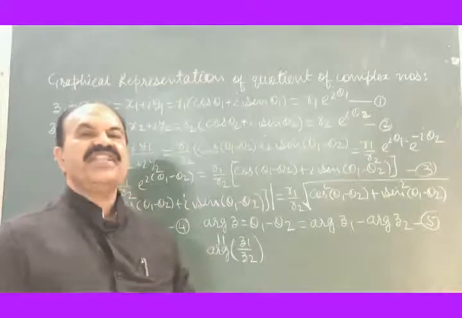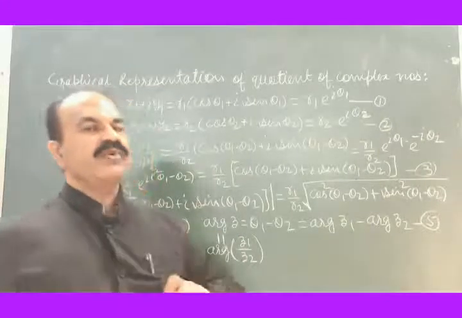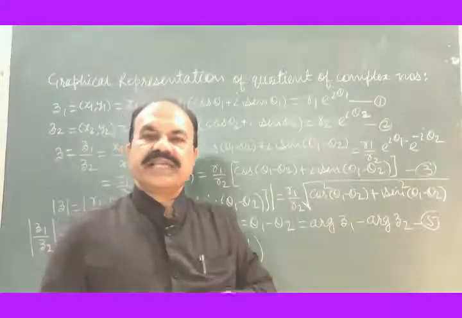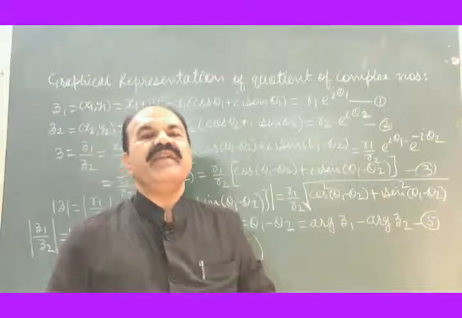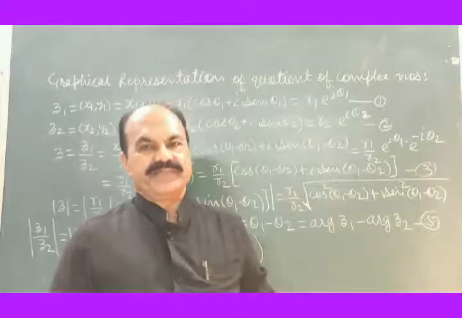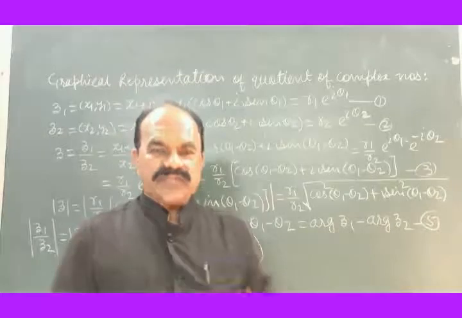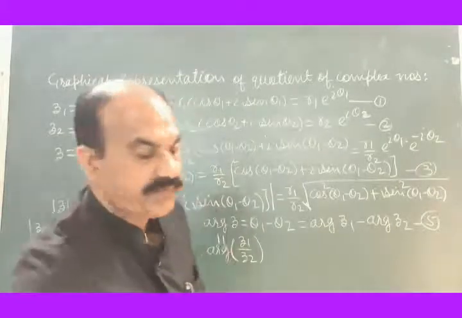Before representing this quotient graphically, let me tell you one more thing. As a special case, multiplication of complex numbers may be considered as the reverse, the reciprocal of the quotient or division.